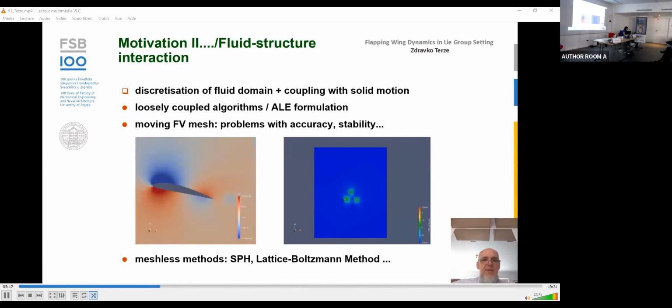Standard way of coupling fluid and solid dynamics is to use different solvers for a fluid domain and for a solid dynamics. Then we try to find a right method to get these guys to talk to each other. However, if we have large motions on a solid side, this means that we should probably use moving meshes for solving fluid dynamics, and this could give problems with accuracy, stability, etc. Also, there are situations when we are mostly interested in a solid motion and how fluid influences solid dynamics.